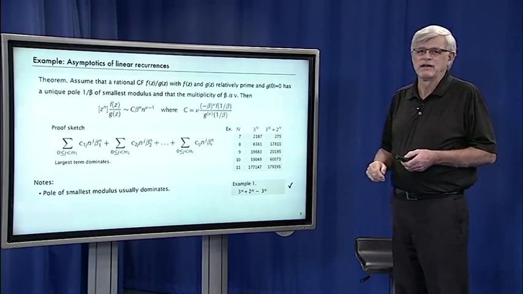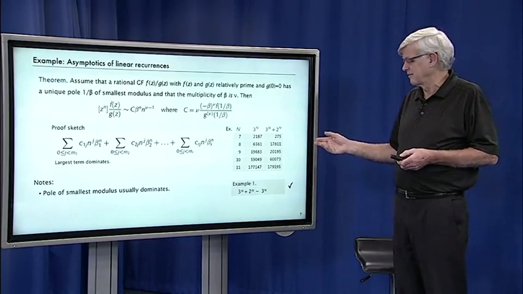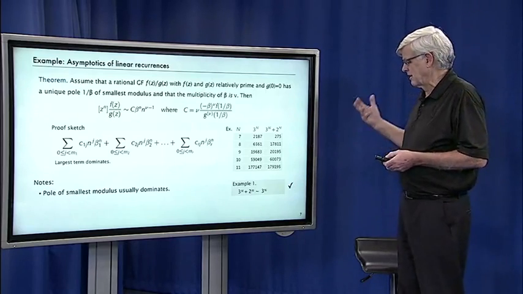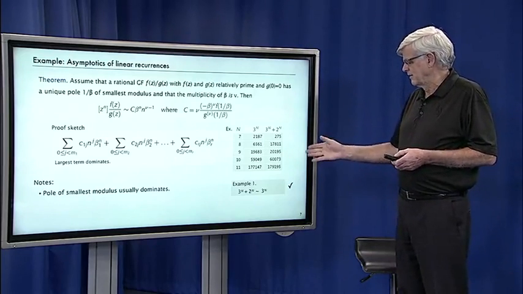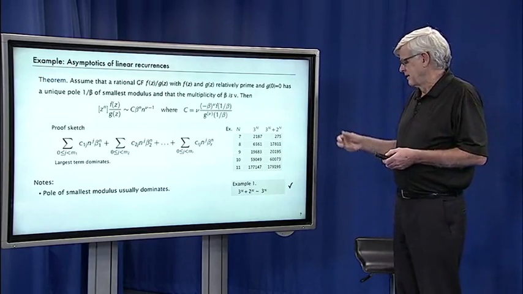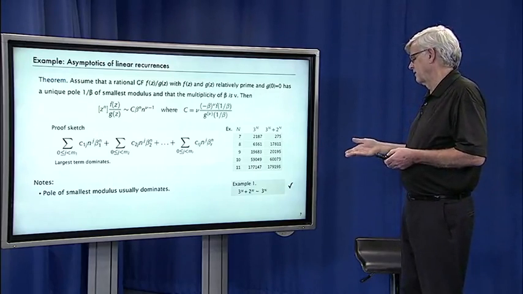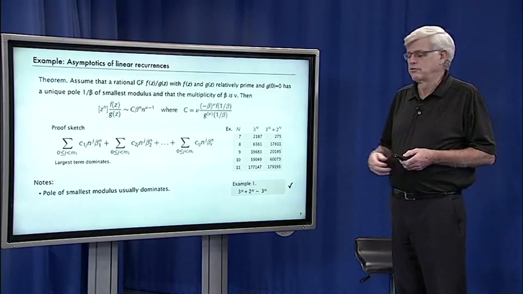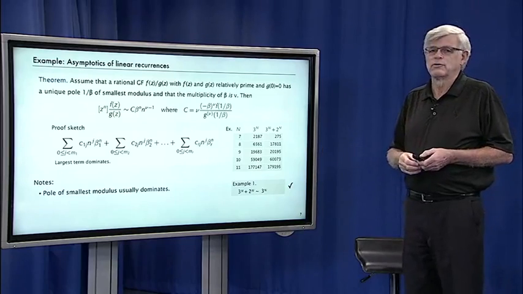No question 3^n plus 2^n is asymptotic to 3^n. You can forget about the 2^n for large n. In fact, the convergence is exponentially fast. As n gets large, even by 1, it gets closer and closer to being accurate. The ratio gets closer and closer to 1.